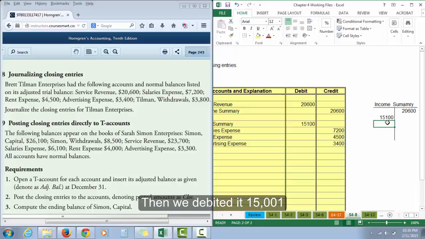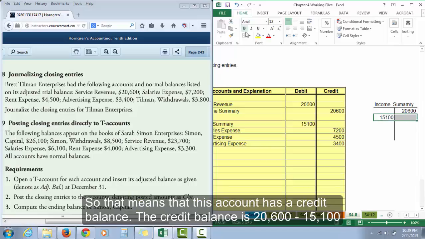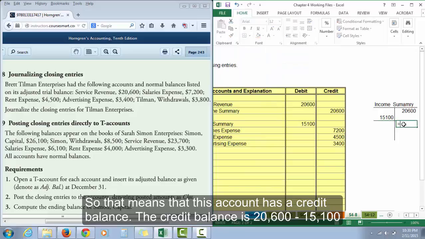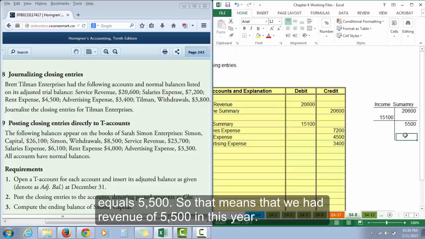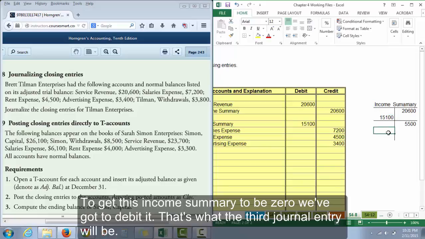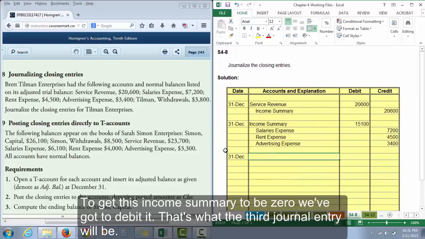That means this account has a credit balance of $20,600 minus $15,100, or $5,500. So that means we had net income of $5,500 this year. To get the income summary to zero, we've got to debit it. That's going to be our third journal entry.